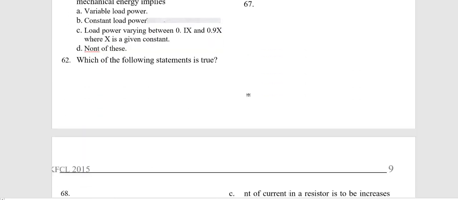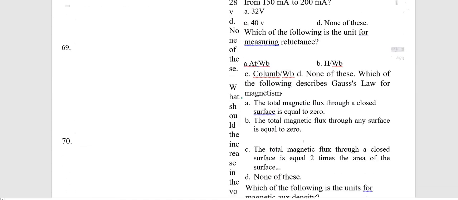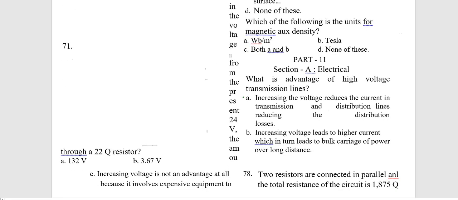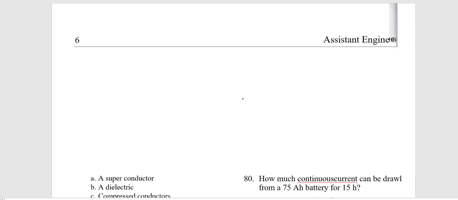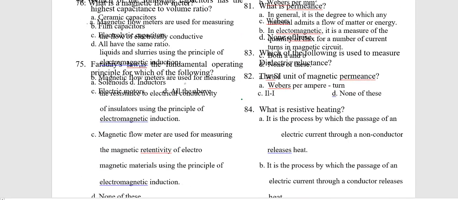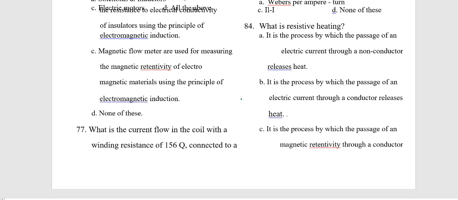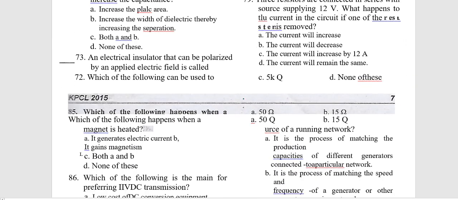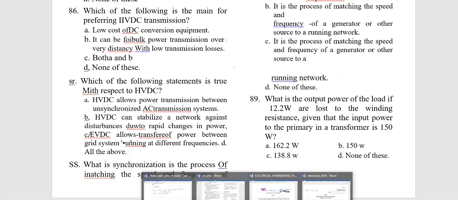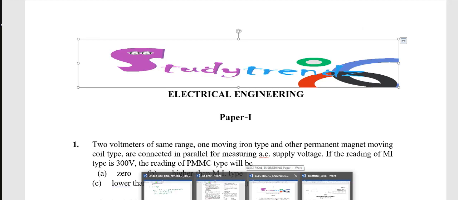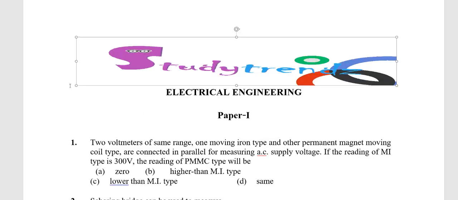Nowadays, in last KPCL paper, they asked more about control systems also, like 10 to 12 marks of control system questions were there. So for safety sake, better prepare for control systems also. Let's see other Uttarakhand PSC paper, which was given for electrical only. So let's see.